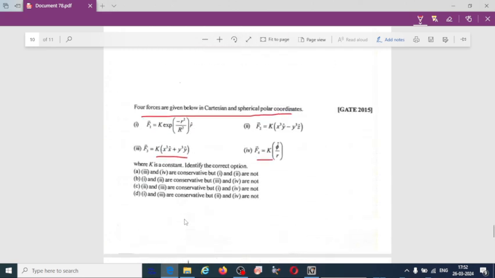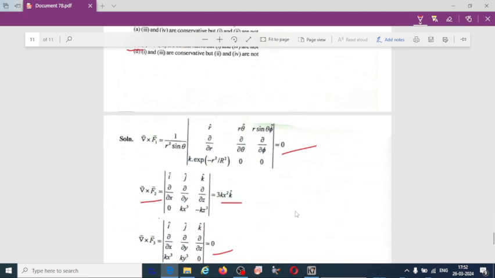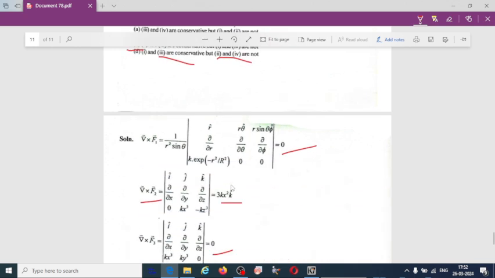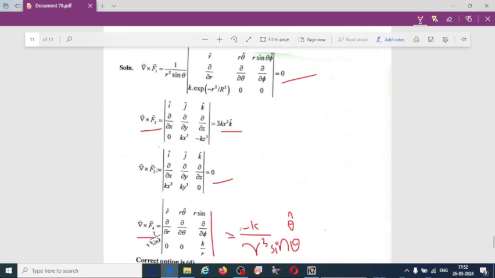If you verify these 4 options, 1 and 3 are conservative, because these are equal to 0, and 2 and 4 are not. So option D is correct here.